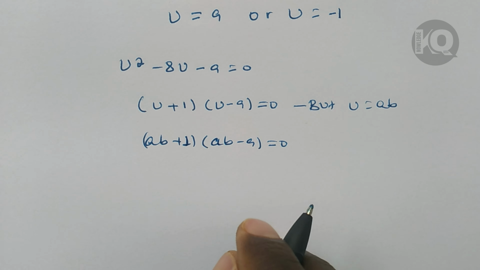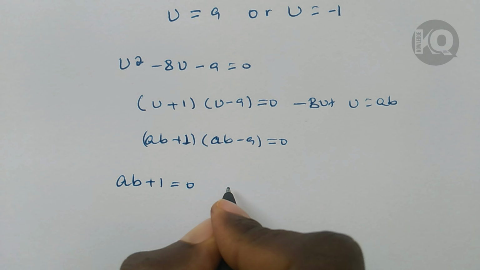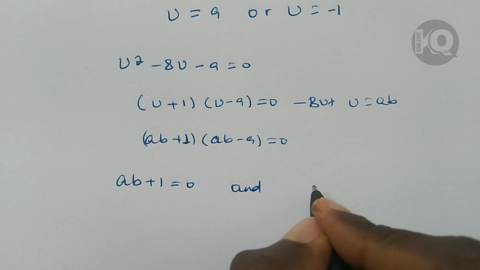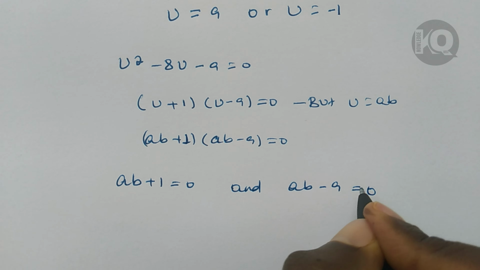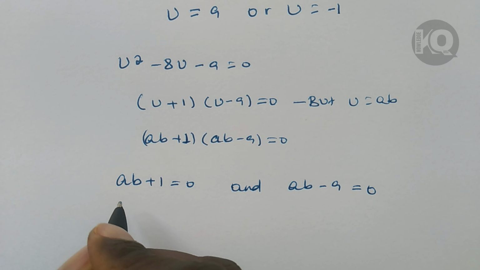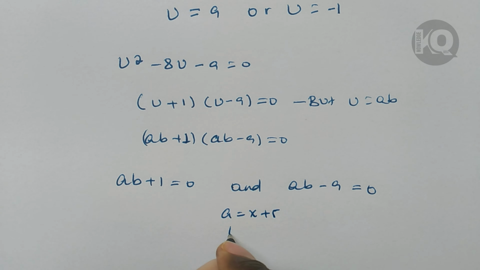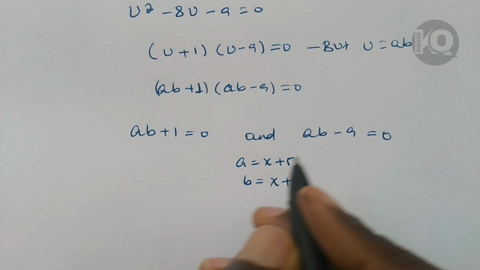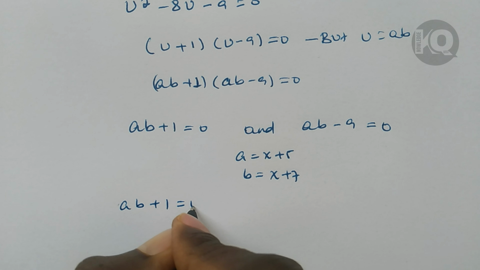So by using the zero product property, ab plus 1 is equal to 0 and ab minus 9 is equal to 0. So going back to the substitution, a is x plus 5 and b is x plus 7. Then substitute this into both of these equations. So for the first one, a times b plus 1 is equal to 0.